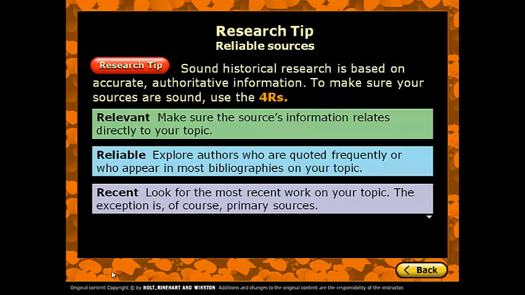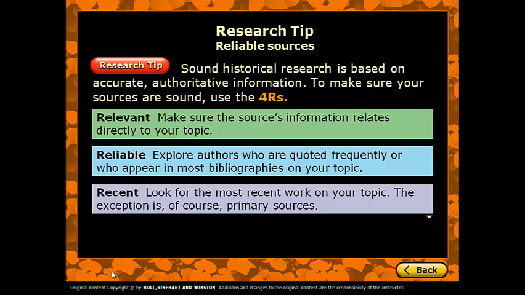Then you want something that is recent, with all information with the exception of your primary source, which happens at the time of the event or whatever you're writing about. But you're going to look for the most recent works on your topic. You want the most up-to-date information.